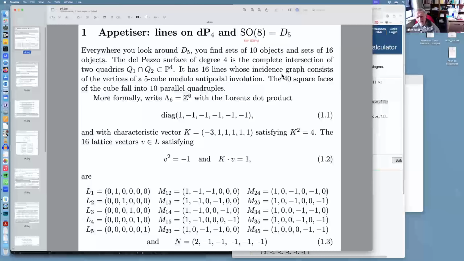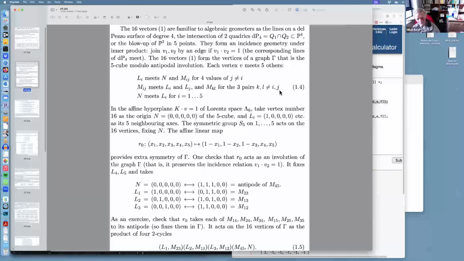So we're not very far away from the combinatorics of the root system D5. If you're doing algebraic geometry, then you have something called dP4, the Del Pezzo surface of degree 4, which is what you get if you blow up P2 in 5 points.